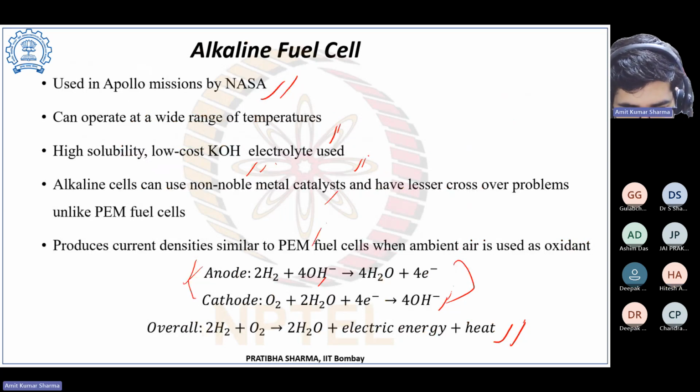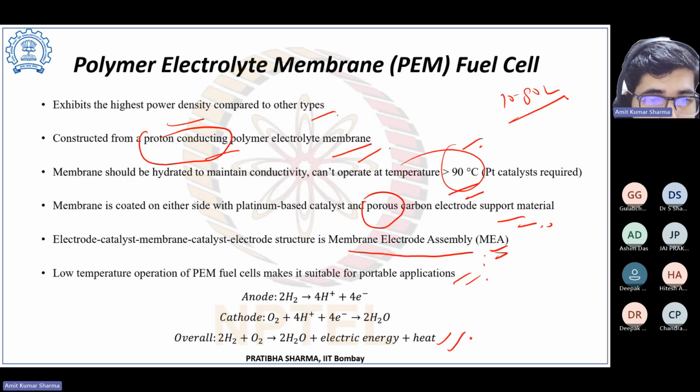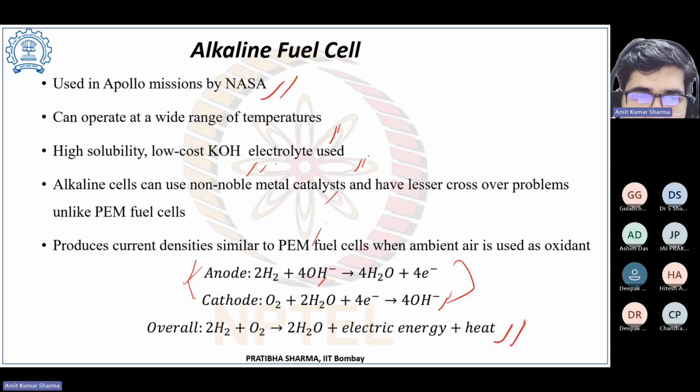Very important. Here you can see the H plus ions are exchanged between the anode and cathode. The full cell reaction is similar to the alkaline, but here the H plus ion is involved, and there the OH minus ion is involved.